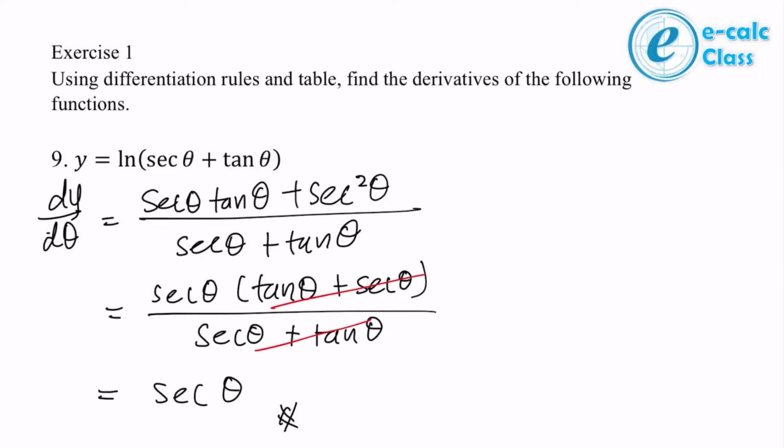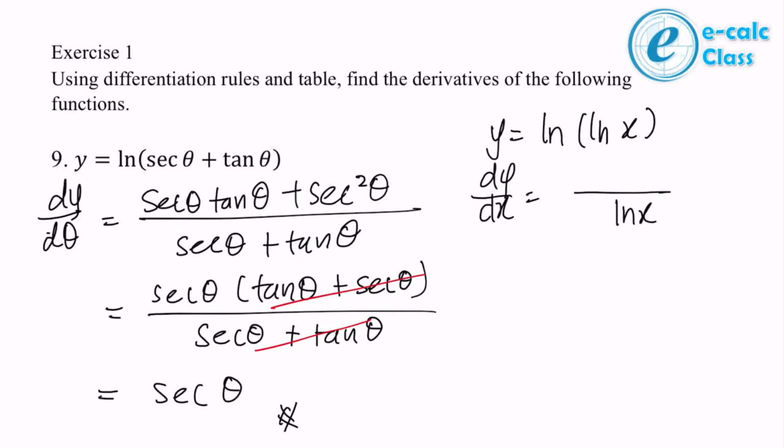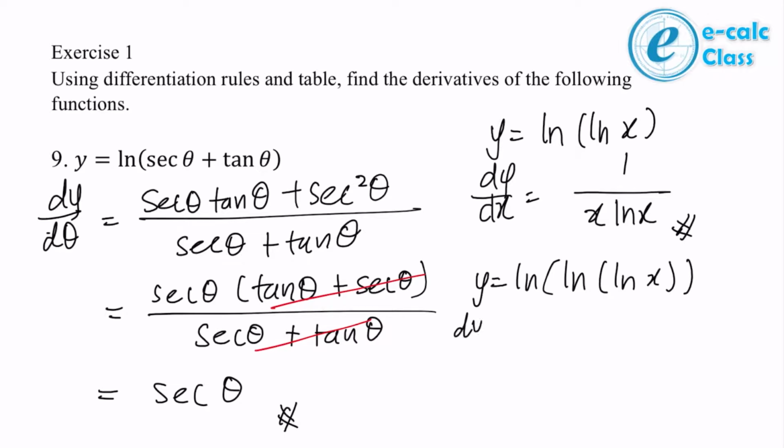If you have y equals ln of ln x, you know that you can straight away do 1 over whatever is inside, and differentiate the inside, which gives 1 over x, and that's it. If there is another layer, another layer of ln x, don't panic.